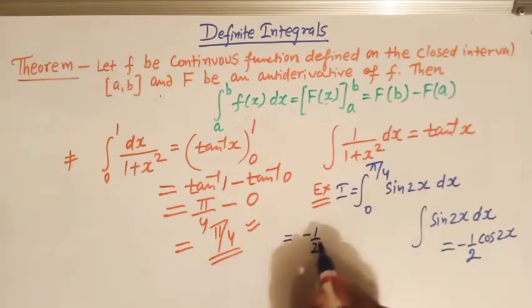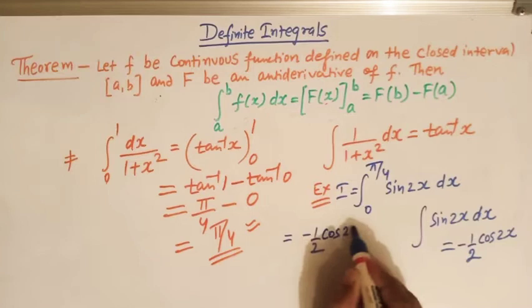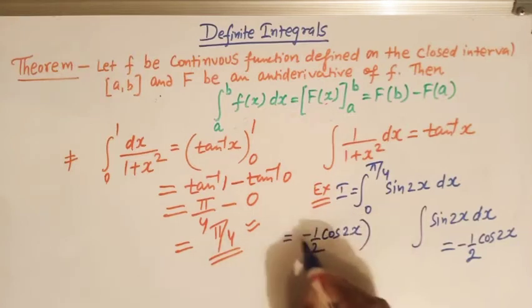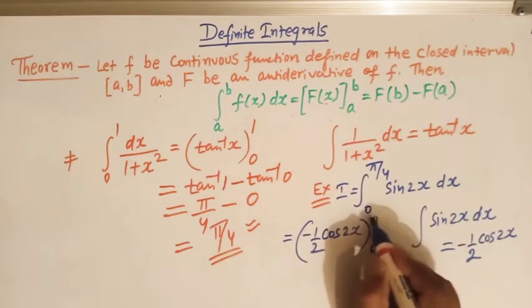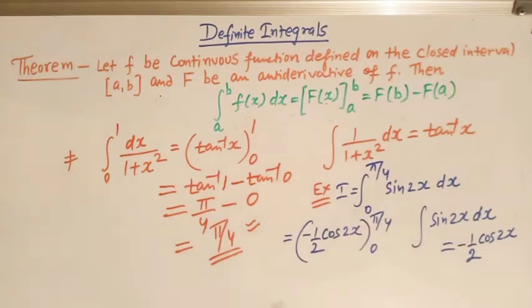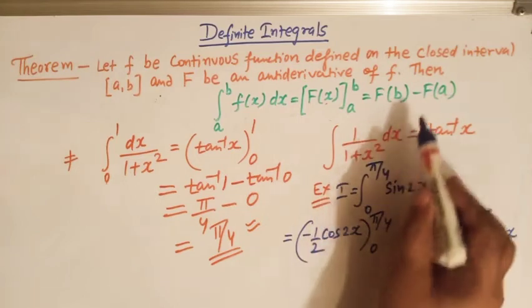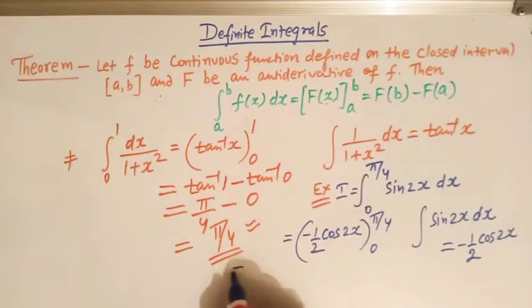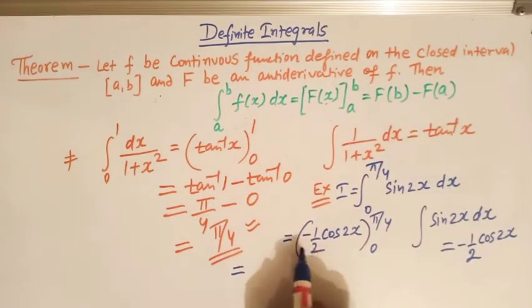Now we write minus 1 by 2, this is cos 2x, and we have to find the value of this function at these 2 points, and then we will take the difference. Now here we have a constant term, minus half, so it is better to take it out.